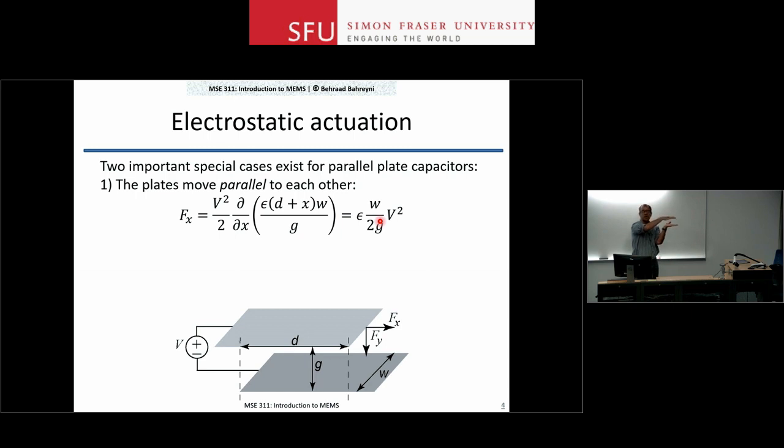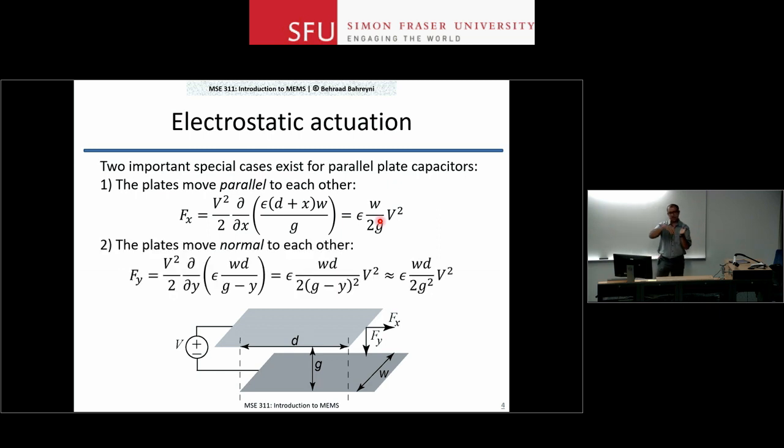apply a voltage between the two electrodes, and in this case, again, we don't have DC over dx or DC over dz because of the way I set up the system. The gap is the parameter that is changing, so I can write it as G minus Y. I know it's an attractive force, right? So it is pulling the two electrodes towards each other.